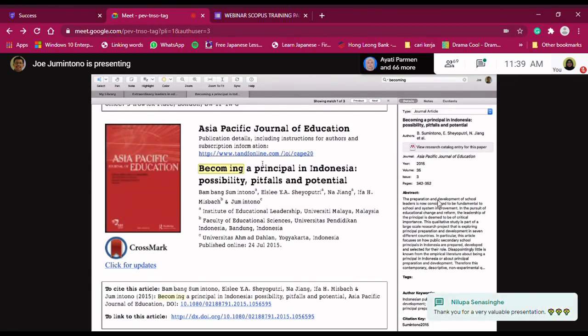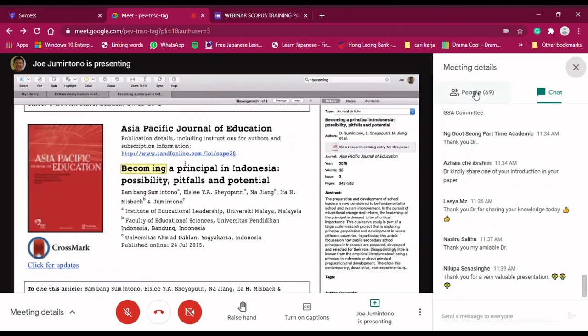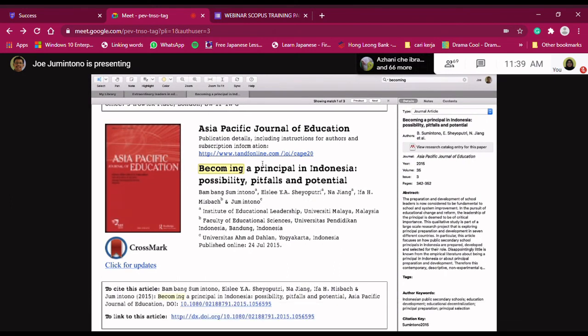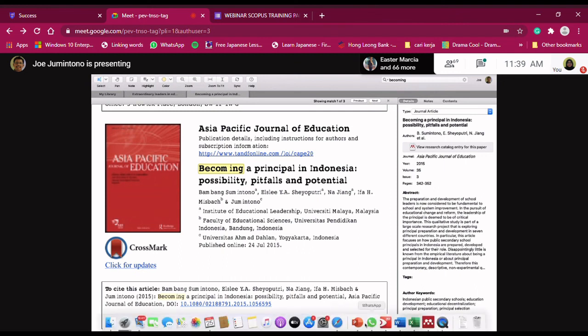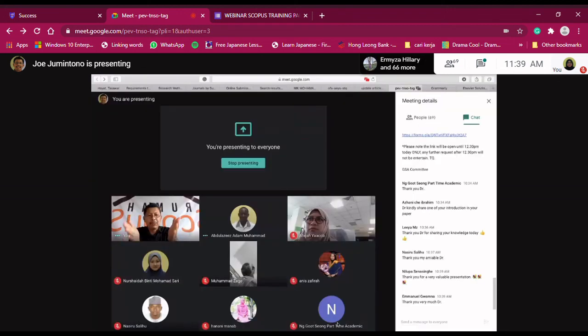So one of the ways to become a principal in Indonesia is that the principal candidate has much experience in training, education, and training of leaders and leadership in education. That's so. Once again, start from the broad one, and then follow the narrow.